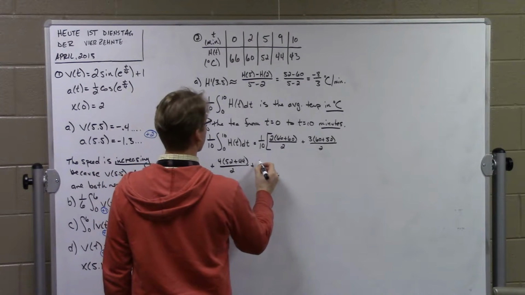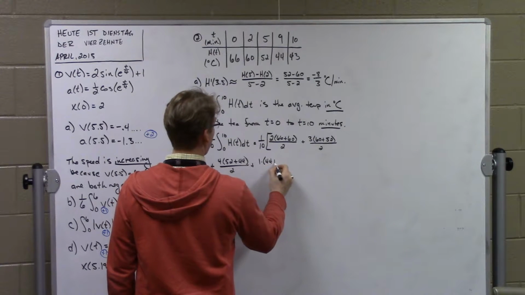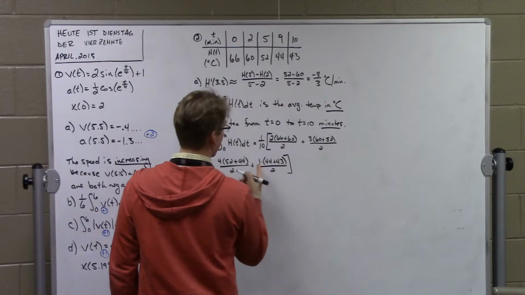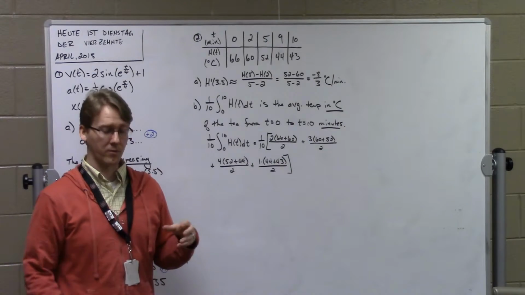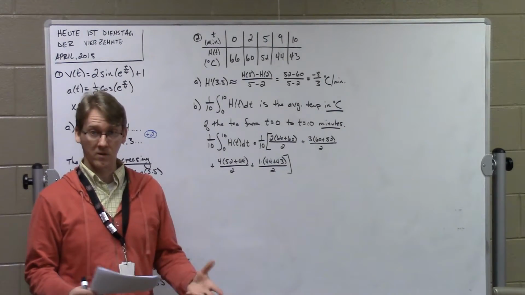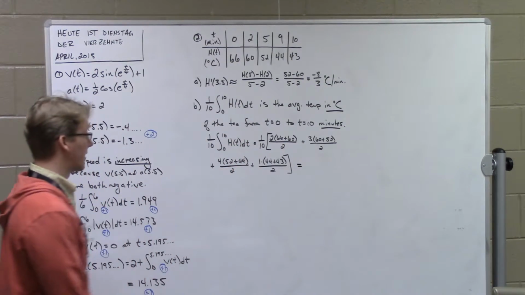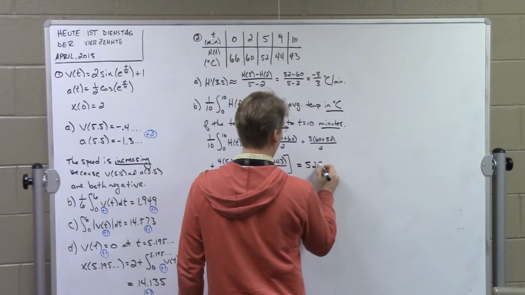And then plus width of 1, 44 and 43. Even though the 1 is unnecessary, I would write every single number down that's supposed to be there, so they will give you the point for knowing how to use a trapezoid. Okay, fast forward. 52.95, is that right?